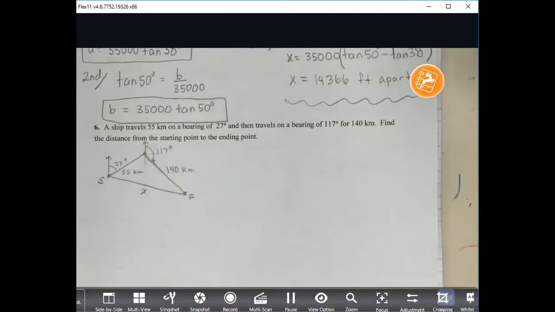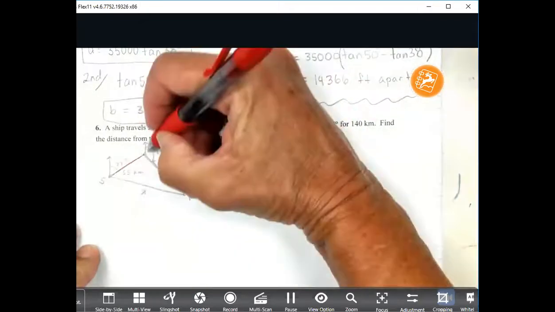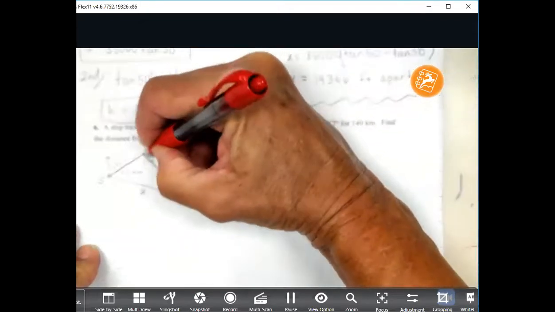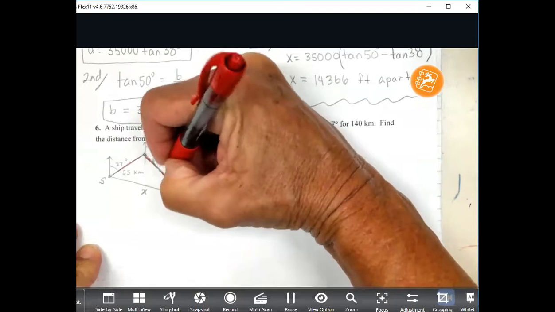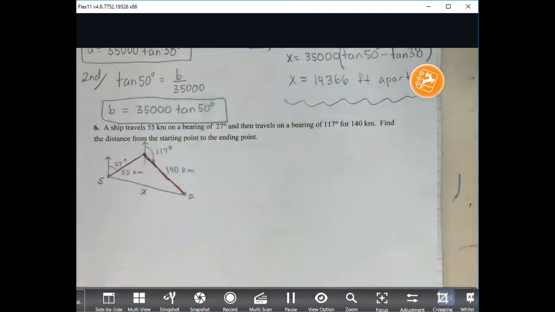And we know this length is 55 kilometers, and that length is 140 kilometers. So what we probably want to do is see if we can figure out the measure of any of these angles.